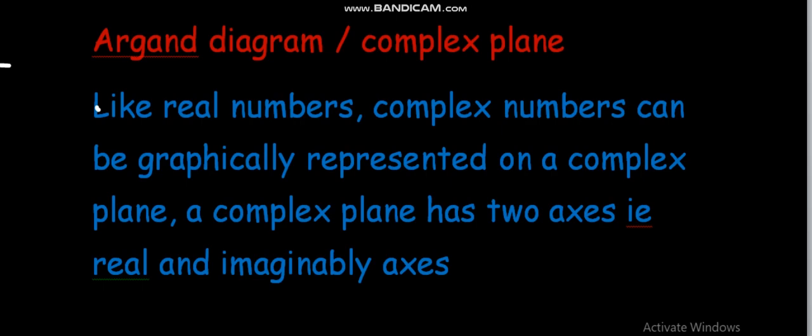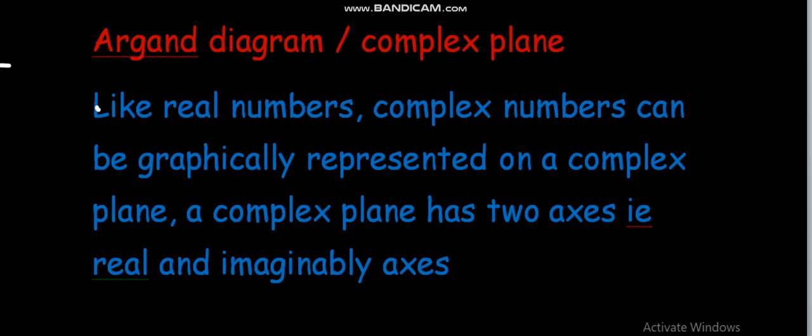Hello everyone. In this video we are going to look at the Argand diagram, or the complex plane. Now we know that any number has a number line, so complex numbers can also be represented graphically on a complex plane or Argand diagram.